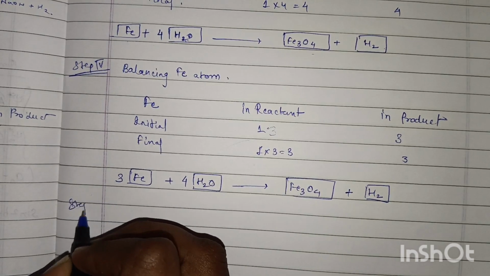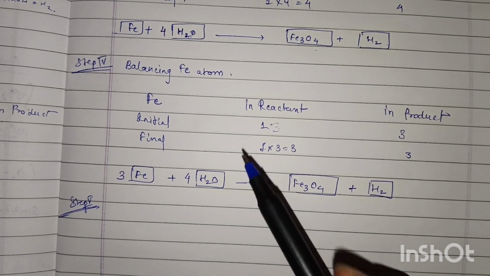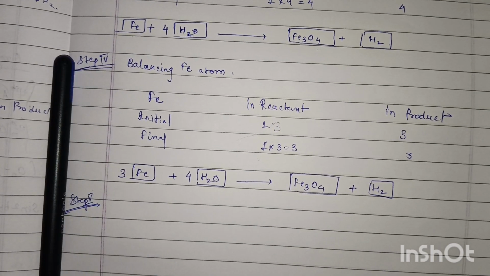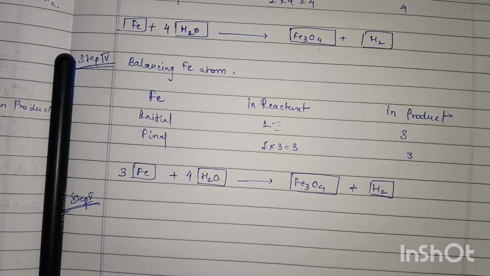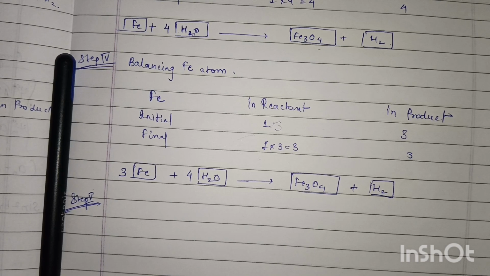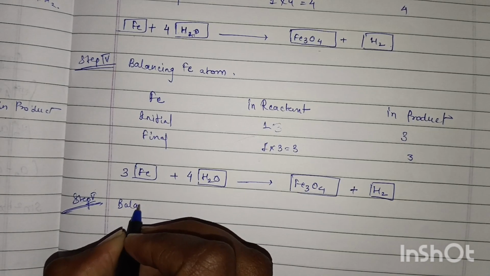Okay. Step 5. These steps have increased because the number of elements is more. In hydrogen and chlorine we have only hydrogen and chlorine, and they were balanced in a single step, but in this we have to take different steps to balance this equation. Okay, now balancing hydrogen.